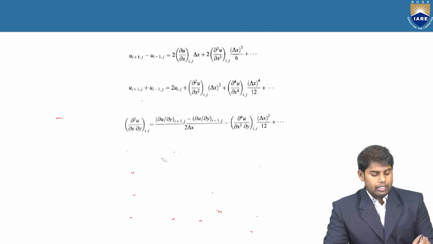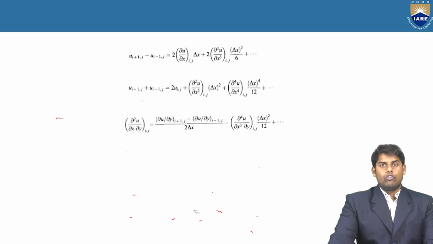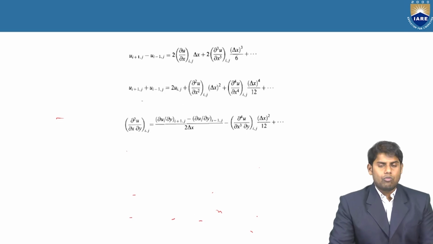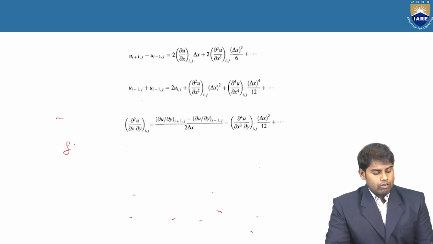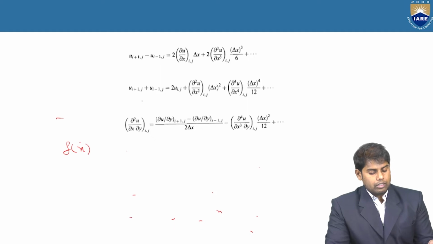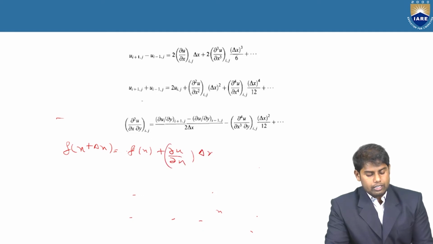Till now we have seen how we obtained the backward difference and forward difference. Now we will see how we obtain the central difference. So here we have f of x plus delta x is equal to f of x plus dou u by dou x into delta x plus the truncation terms.